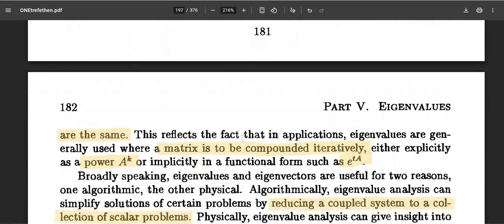Using this property, eigenvalue problems are mostly utilized where the matrix has to be applied iteratively. For example, to compute the power of A raised to k, or to compute a functional form where A is involved, like the exponential of A.